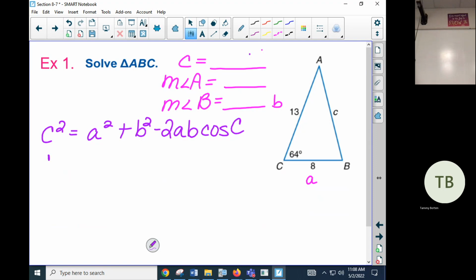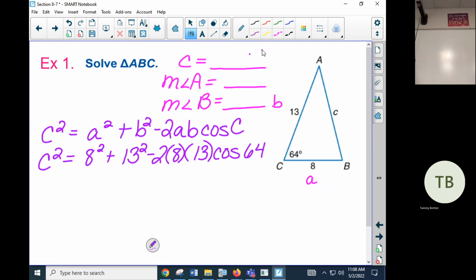Now I'm going to go in and substitute in what I know. I know little a is 8. I know little b is 13. And then it's cosine of angle C, which is 64.